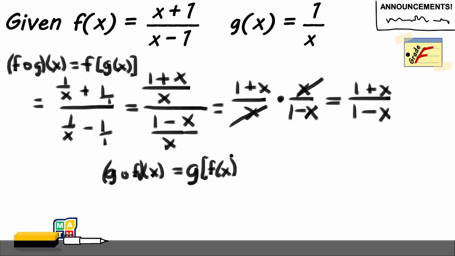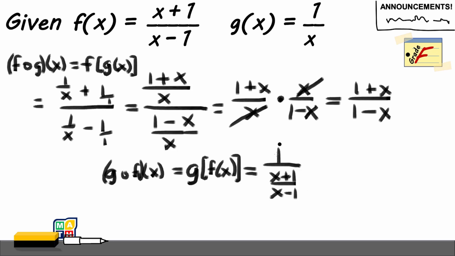This means that instead of x for g of x, we're going to use the f of x function. So originally our g of x is 1 over x. That's the original form. But here, we will be changing this to the expression of f of x. And your f of x is also a rational expression, x plus 1 over x minus 1.